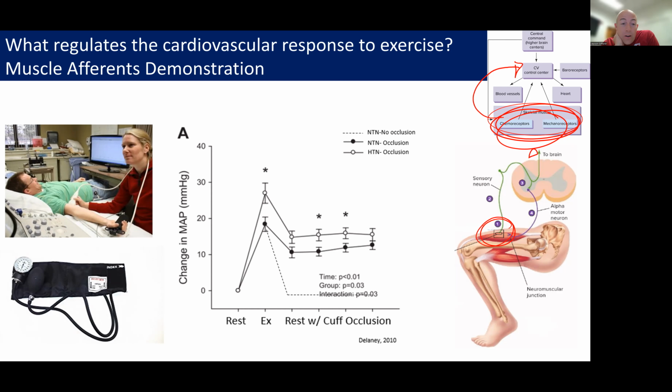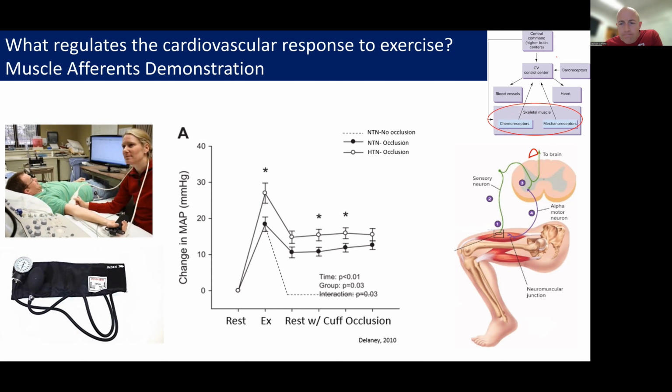So this is another area where in the future, we might see some medications or treatments targeting the afferent nerves to hopefully blunt the blood pressure response to exercise in hypertensives. All right, that's all for today. Make sure to study up on what controls blood pressure and heart rate during exercise.